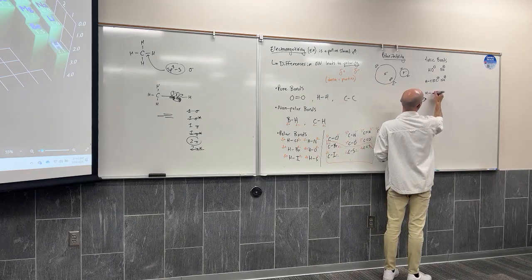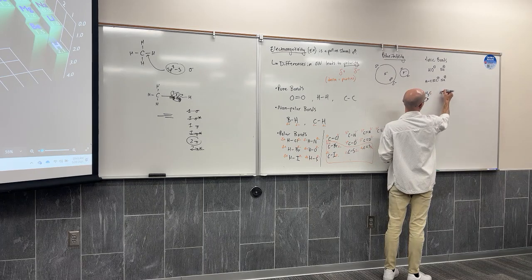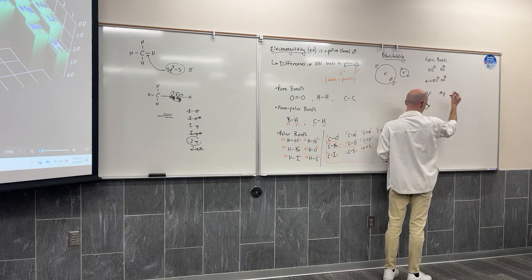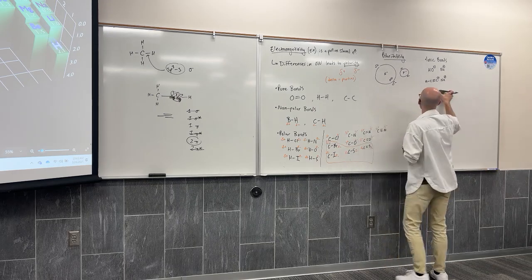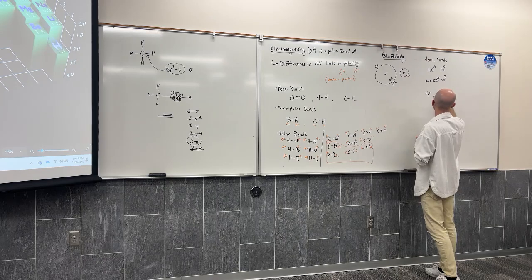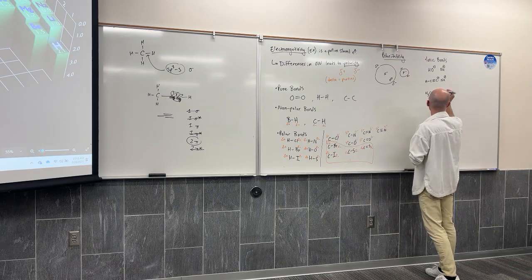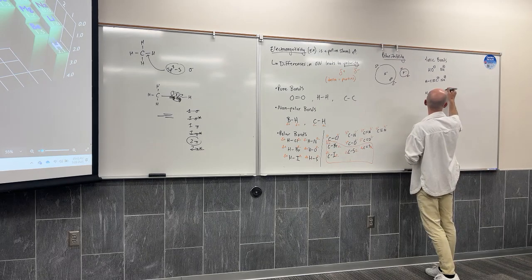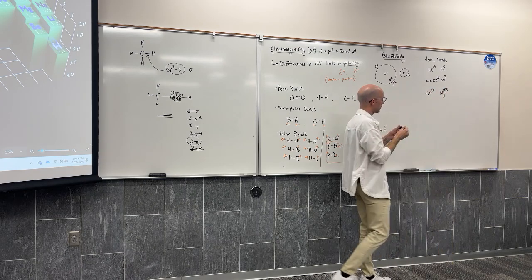But let's switch this up a little bit. I'm going to show a CH3, and then I'm going to show magnesium. And this magnesium will be balanced by something else as well, but we don't have to worry about that just yet.